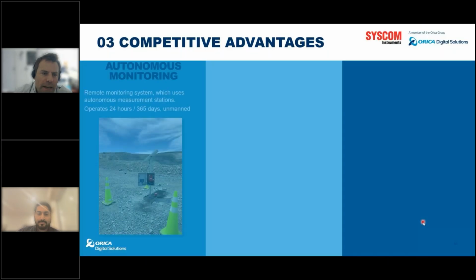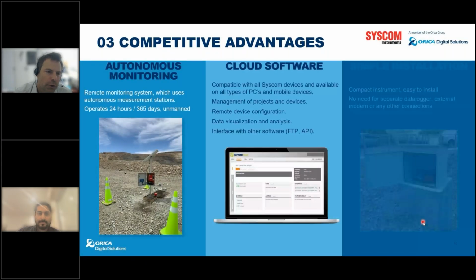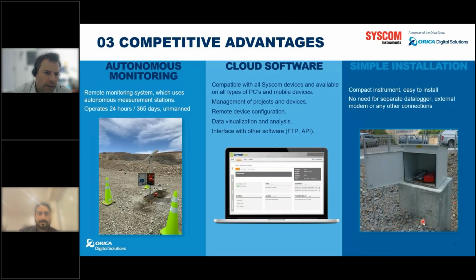So the main advantage is the autonomous monitoring. These could be really standalone devices that would operate 24/7, that you see on the left, unmanned. So you don't need to pay attention to them; you just install the equipment and then it will work for ages without any human interaction.